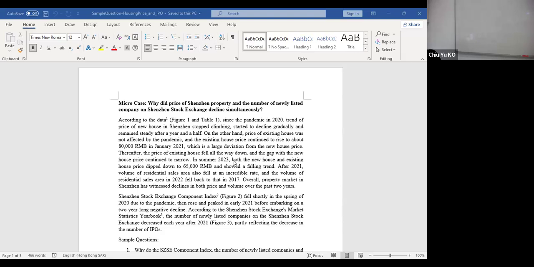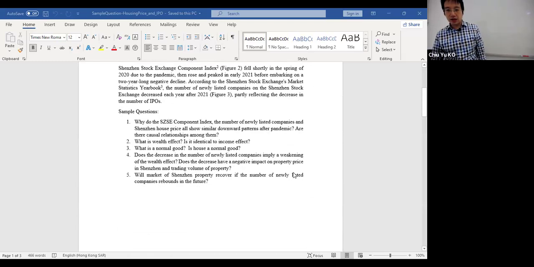The way we ask is like a micro case, giving you a real-world application. In this case, I talk about the housing price and the stock market in Shenzhen and how they're related. You can look at the figure.